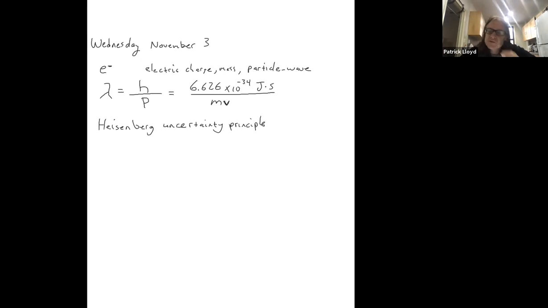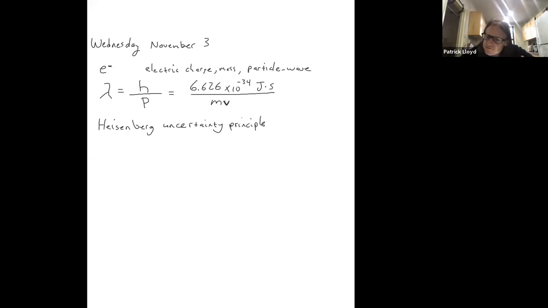Werner Heisenberg came up with this idea, which essentially says there are certain fundamental limits to how well we can make measurements. If you recall what I said about this matter wave, the electron has mass, so it's matter, but it's also a wave. It turns out there are limits to what we can know about these matter waves.